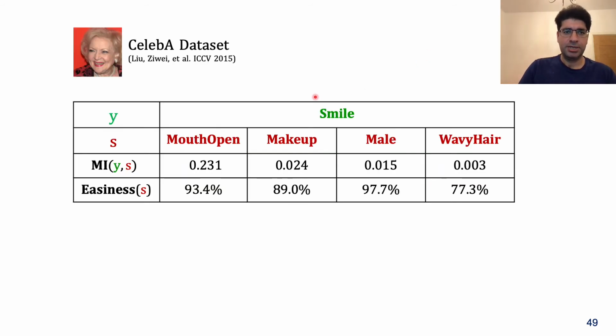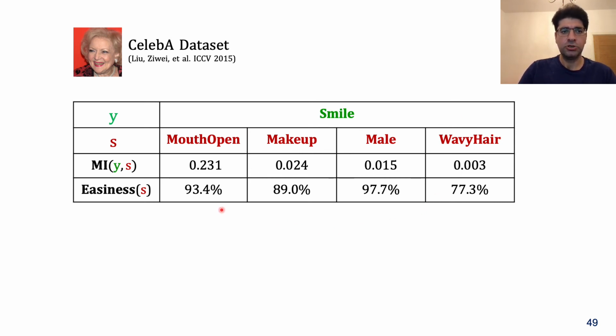In this experiment, we consider smile detection as the target task and compare 4 different attributes as the sensitive attribute for this classification task. We show the mutual information computed on the celeb-A dataset between each sensitive attribute and the target attribute. For instance, mouth open is more correlated to a smile than wavy hair attributes.